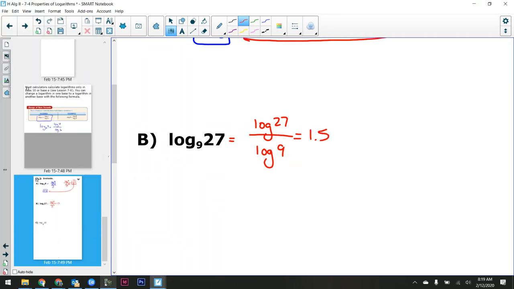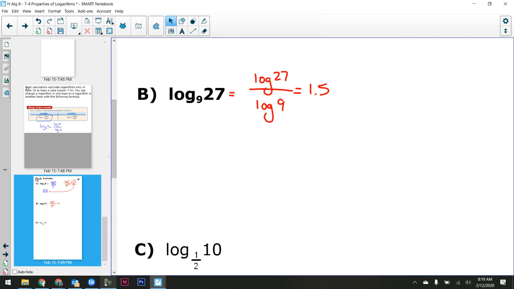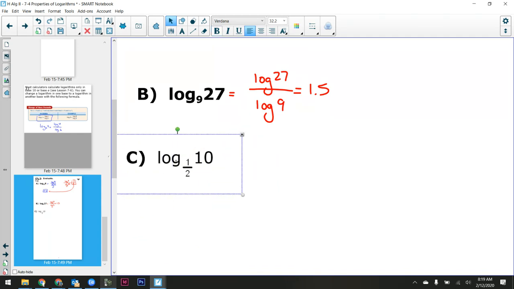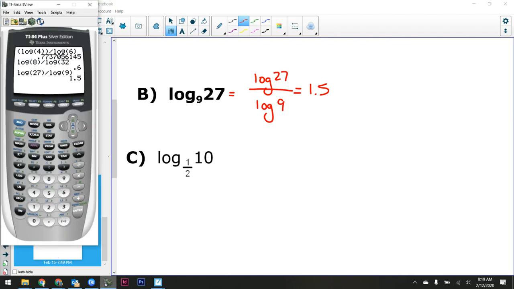And just for good measure, here's the last one that we got. Log base 1/2 of 10. So we would say log of 10 divided by log of 0.5.